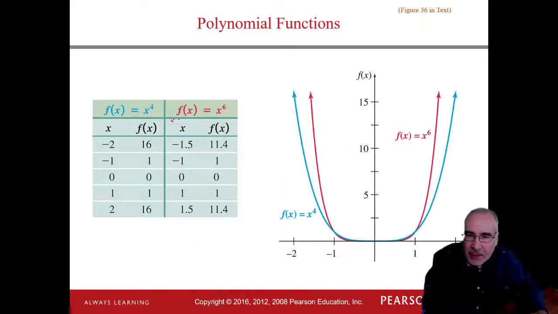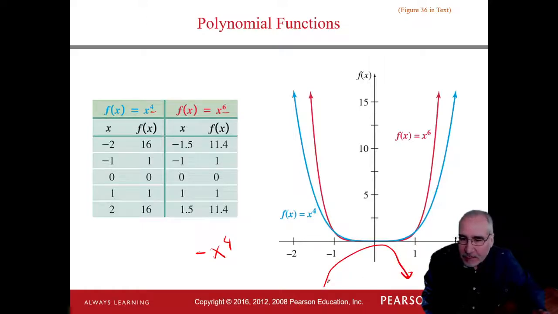If we have an even degree, x to the 4th, x to the 6th, x squared, any even is the largest, then you get a U shape. They both go up. Or if we had, say in this case, minus x to the 4th, we get them both going down. Okay.